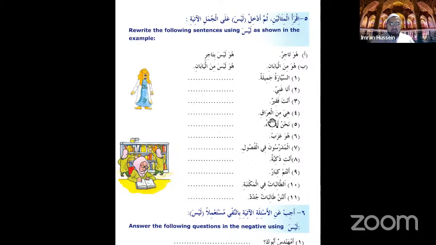Whenever you see a preposition like min al iraqi or fil fasuli, you just need to say laysu al mudarrisuna fil fasuli. Just make it plural. Laysu al mudarrisuna fil fasuli.